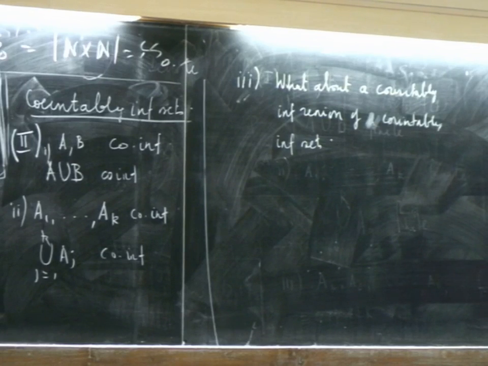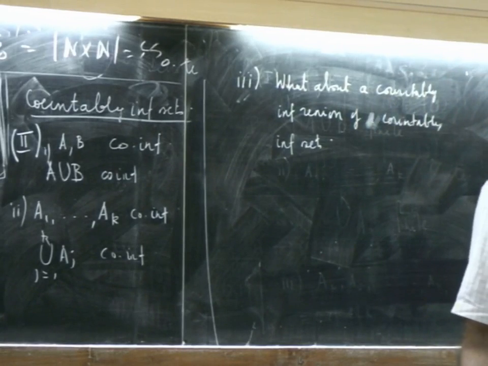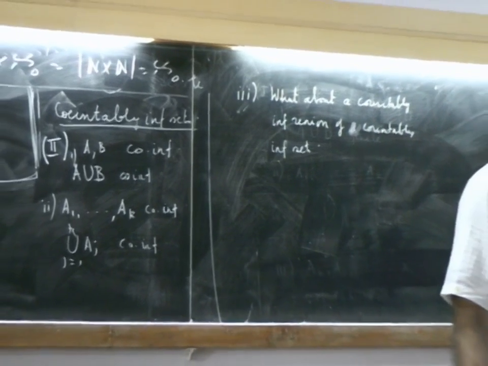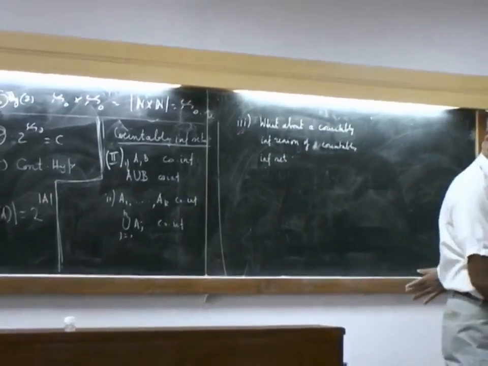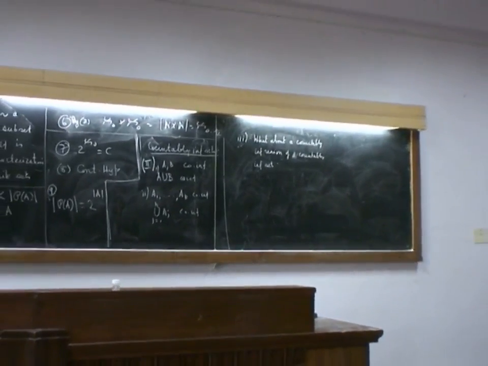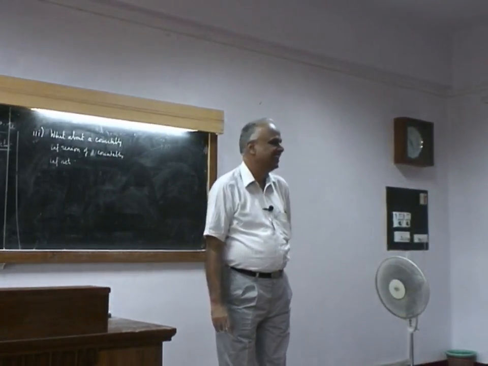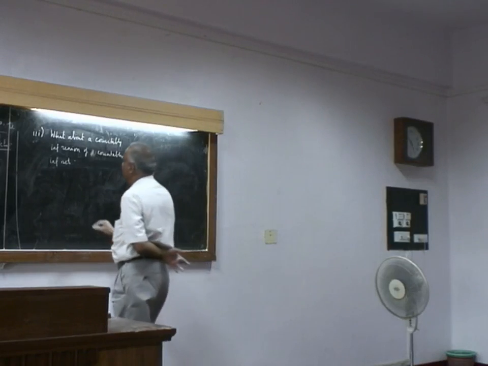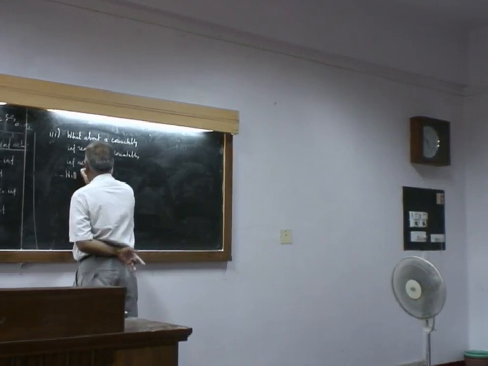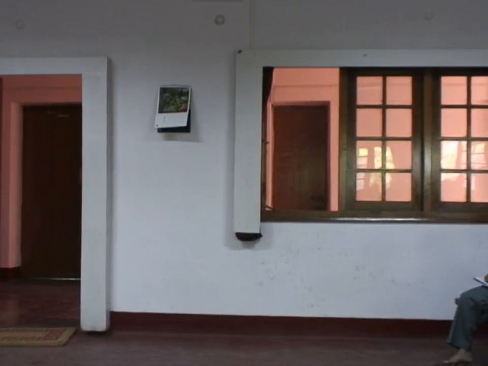Will it be countably infinite? What's your guess? Either countably infinite or uncountably infinite. That's no answer at all. It's a set, you should have said. The question is, will it be countably infinite? Now it will trespass and go into the other side. Okay, will this be countably infinite?